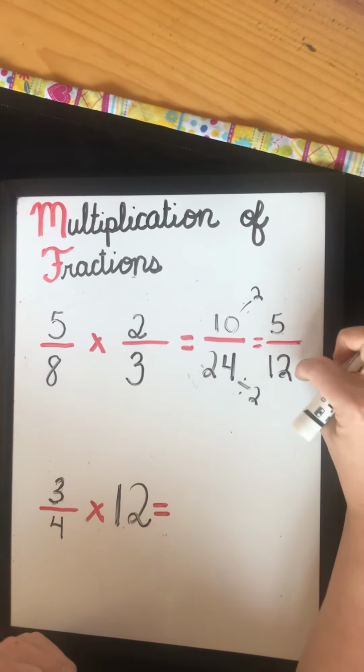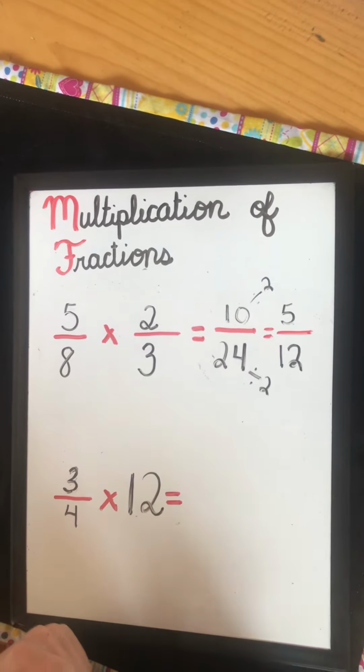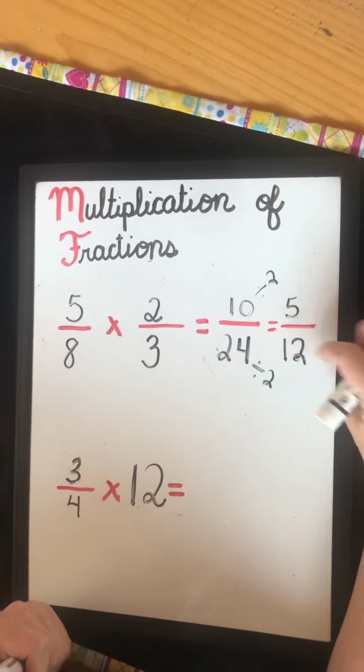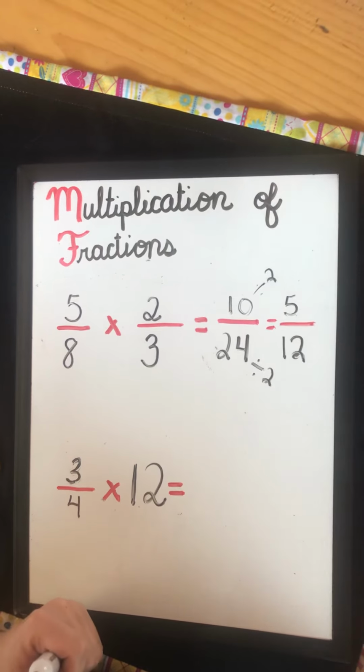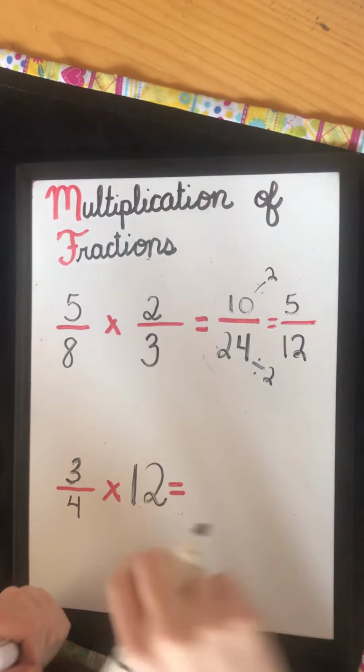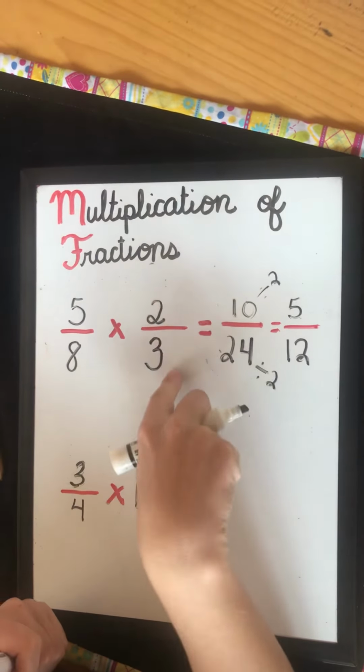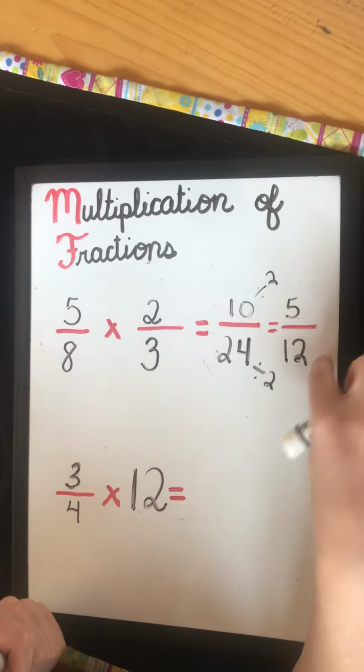Okay, and 5/12 is our finished product. Can we divide our numerator and denominator again to simplify? No, we can't. So it's a simplified product. 5/8 times 2/3 is equal to 5/12.